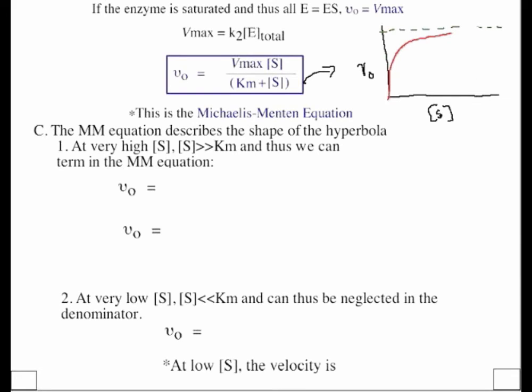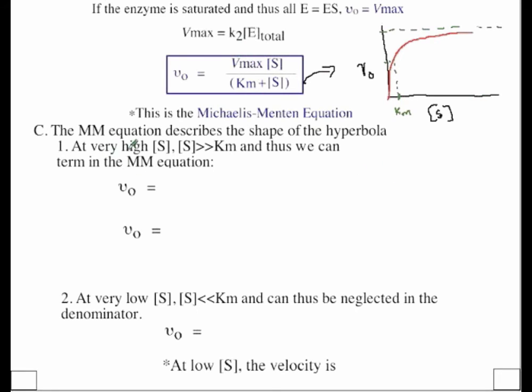Just make that a little bit better. That's better. Approaching Vmax, great. And then we know that at half maximal velocity, right about there, that concentration of substrate is called Km. Cool. So this equation describes this function, and let's look at that come to life.